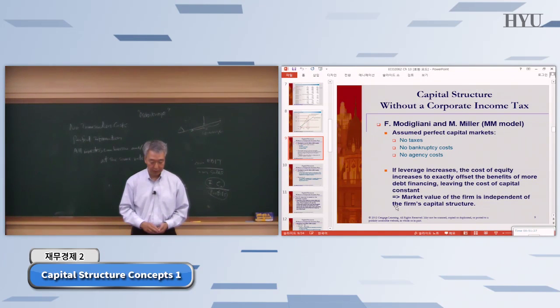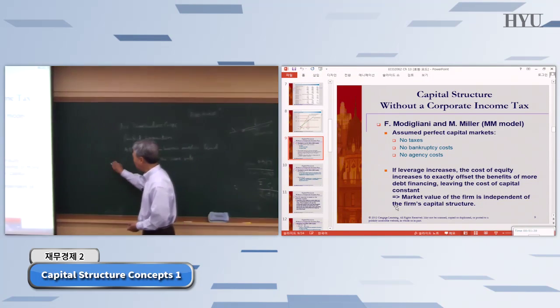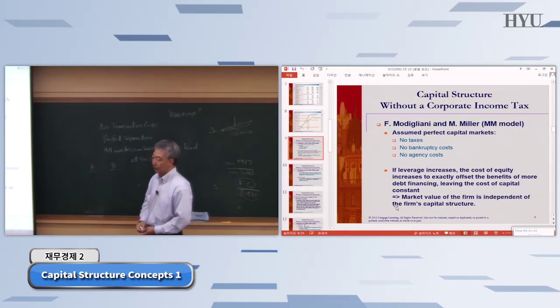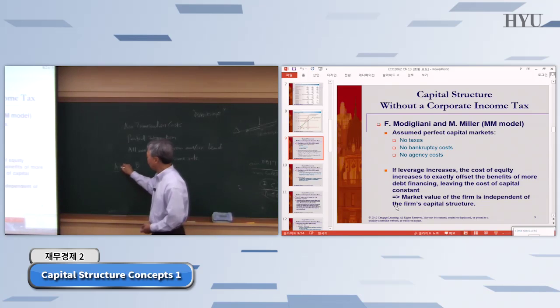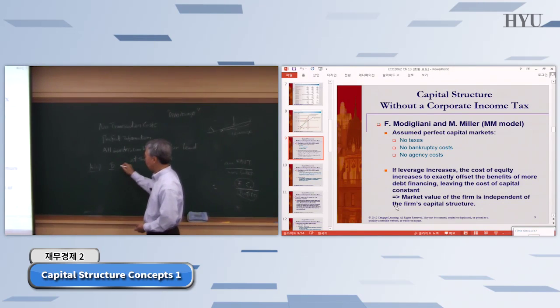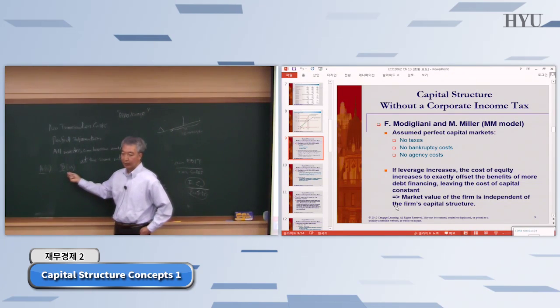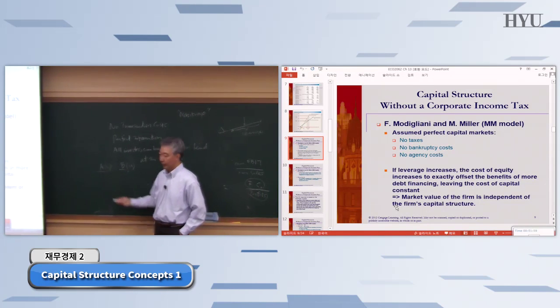The arbitrage that Modigliani and Miller are talking about here is, let's say there are companies A and B. Company A is leveraged, B is unleveraged. In other words, company B has no debt, 100% equity, and company A has some debt.